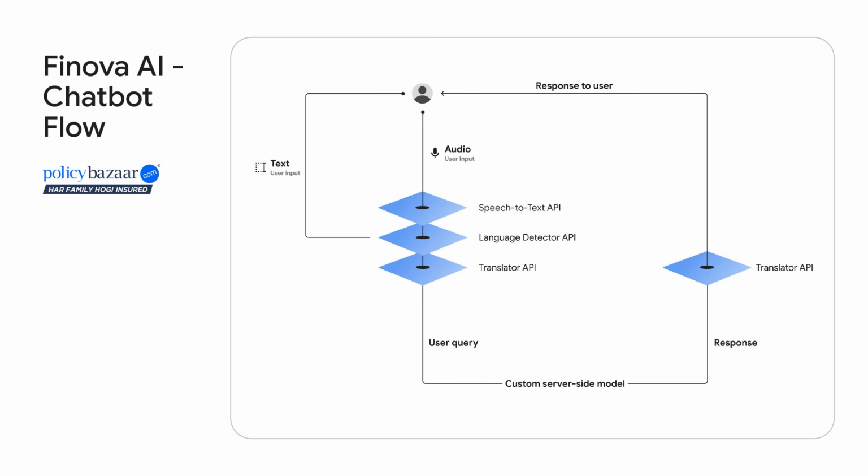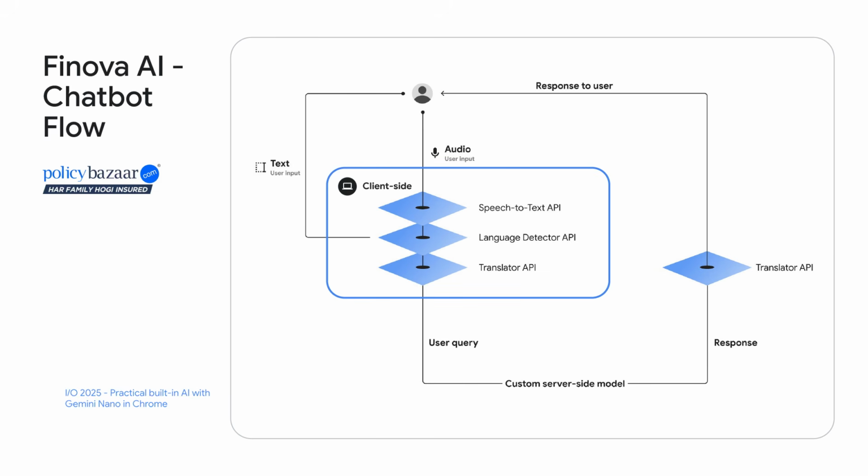To achieve this, Policy Bazaar built a text and voice powered insurance assistance chatbot called Finova AI that combines multiple AI models using a hybrid architecture, where some parts of the solution run client side and some on the server side. Here's how their solution works.